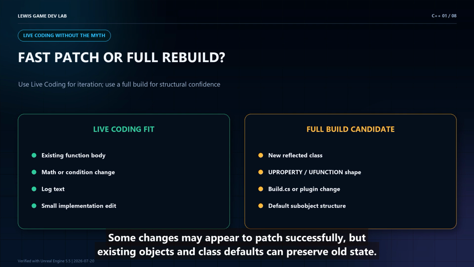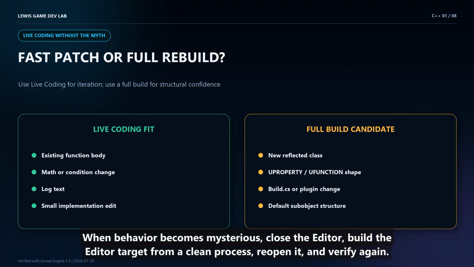Some changes may appear to patch successfully, but existing objects and class defaults can preserve old state. When behavior becomes mysterious, close the editor, build the editor target from a clean process, reopen it, and verify again.